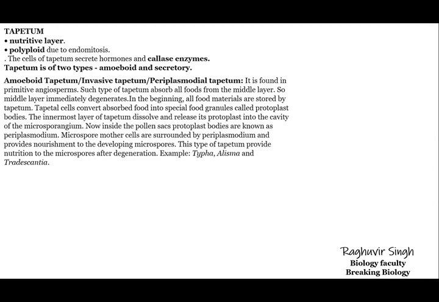The innermost tapetum layer then dissolves and releases these bodies into the cavities of the microsporangia. Inside the pollen sac, these protoplast bodies are called periplasmodium, which provides nourishment to the growing microspores. So in this type, the middle layer degenerates and the tapetum layer also degenerates to form the periplasmodium, which provides nourishment to the microspores.